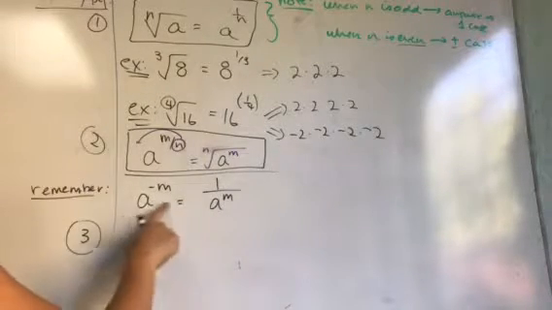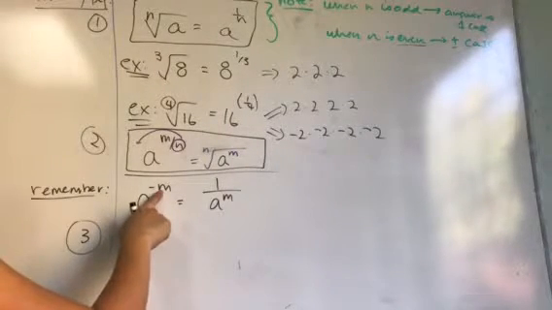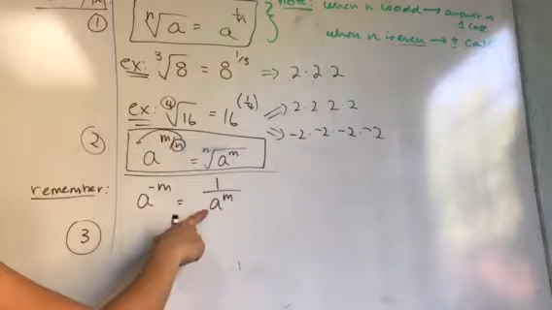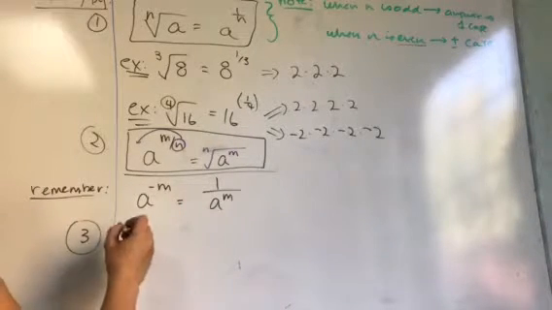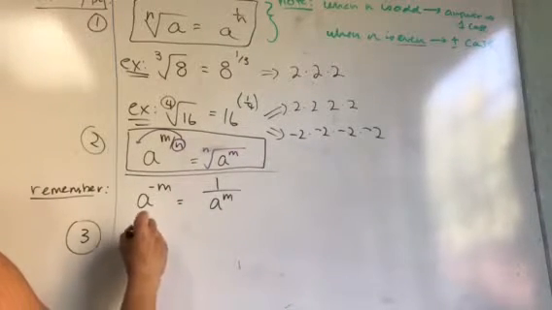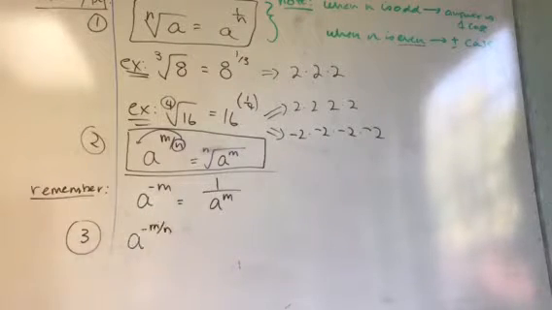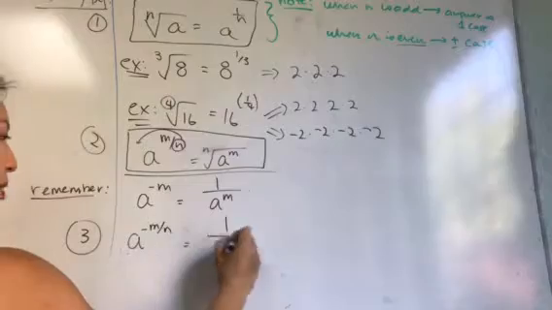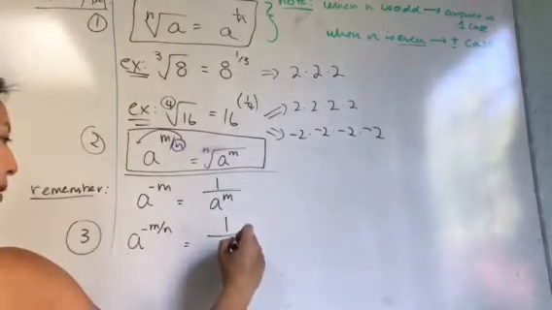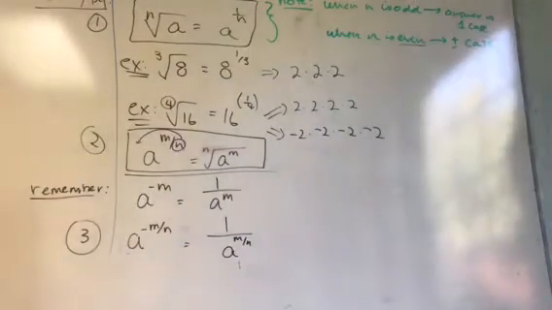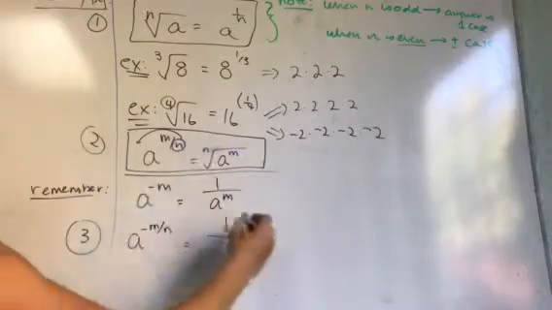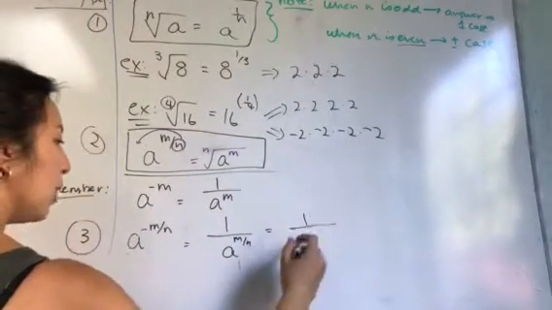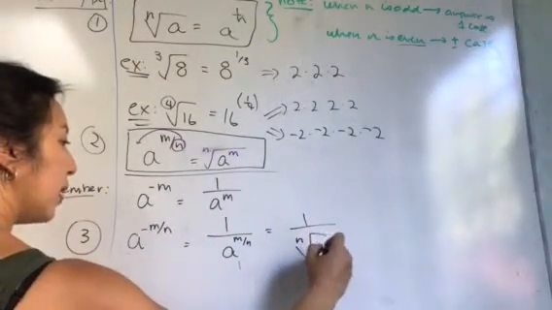And keeping in mind that whenever you have a negative exponent, you can write it as a denominator under 1, so if you have a to the negative m over n, you can rewrite this as 1 over a to the m over n, which we just said over here was the same as 1 over the nth root of a to the m.